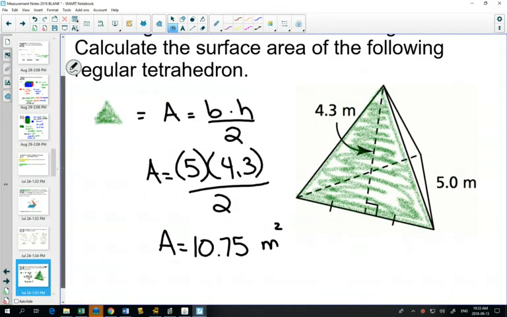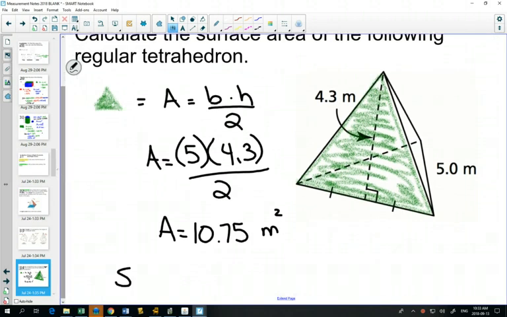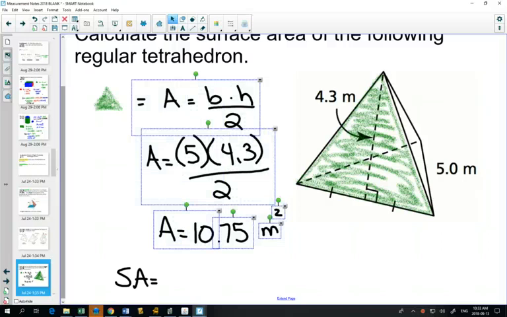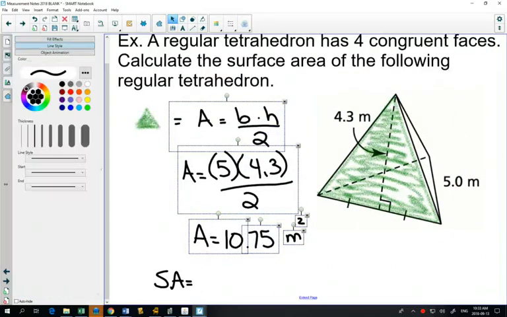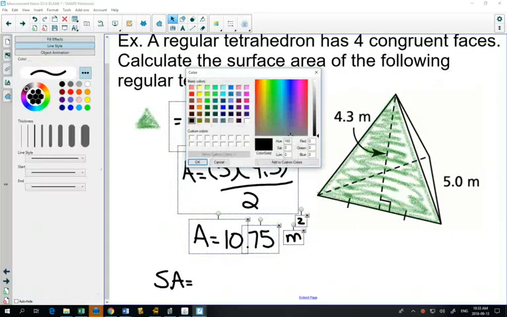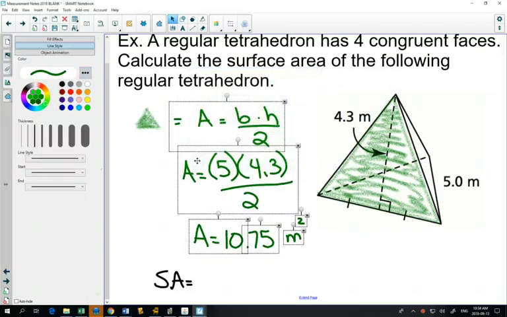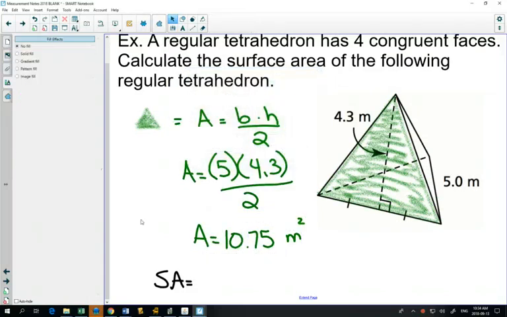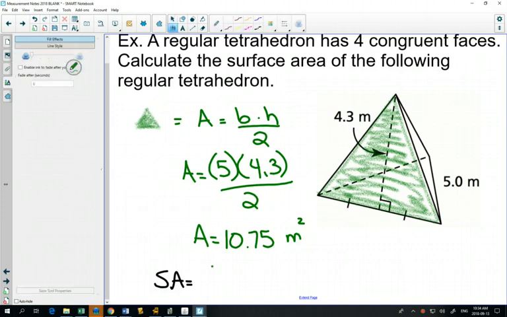What will we have to figure out the whole surface area? Oh, I should have made this green, right? There we go. Okay. So our whole surface area, since there's 4 congruent sides, we could take 4 of these 10.75s.